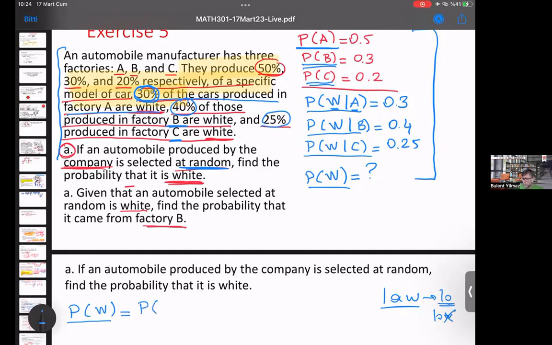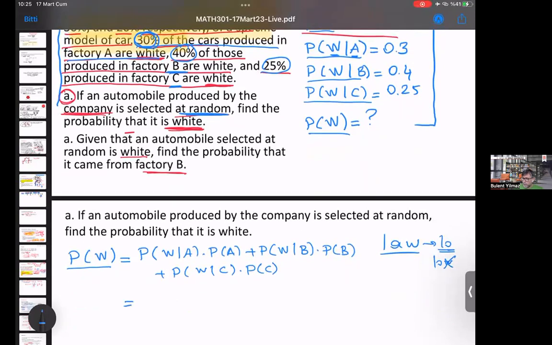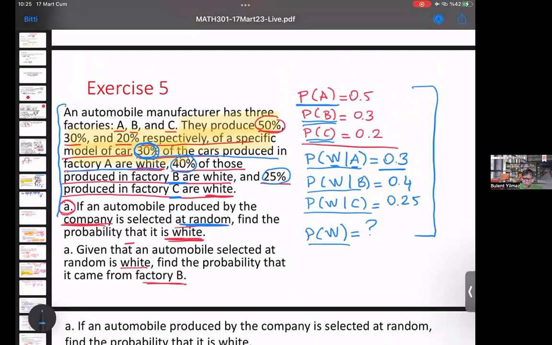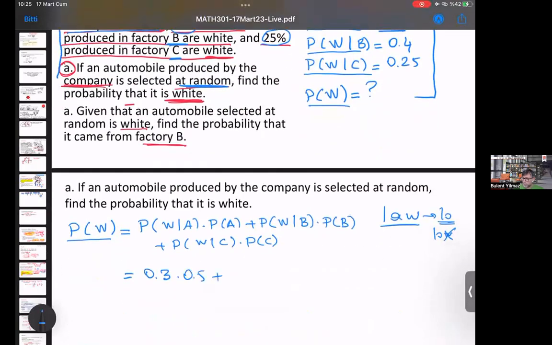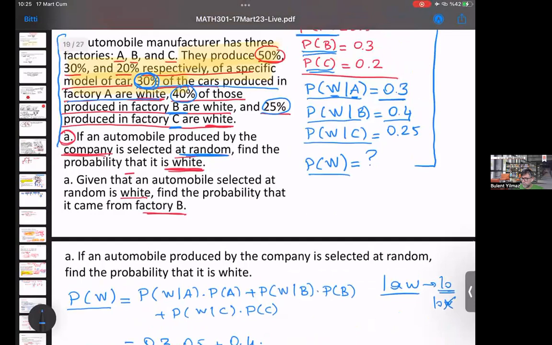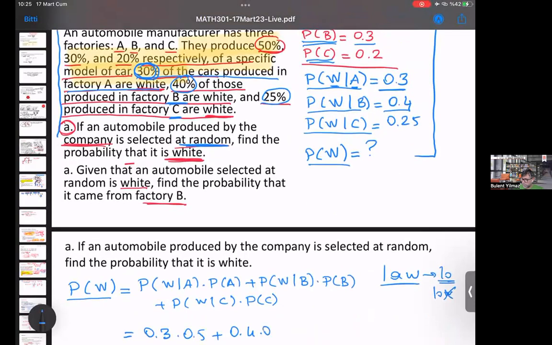It's going to be the probability of white given factory A times the probability of factory A, plus the probability of white given factory B times the probability of B, plus the probability of white given factory C times the probability of C. So what is the probability of white given factory A? 0.3 times the probability of A, 0.5, plus the probability of white given factory B, 0.4, times what is B? 0.3, plus 0.25 times 0.2.